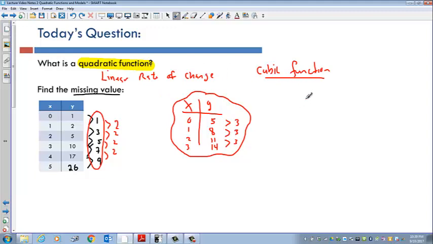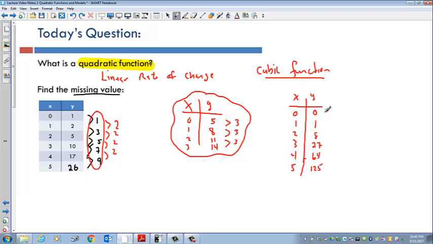So when you look at a table of a cubic function, let's do one that's really simple. Let's do 0, 1, 2, 3, 4, and 5, with outputs 0, 1, 8, 27, 64, and 125.